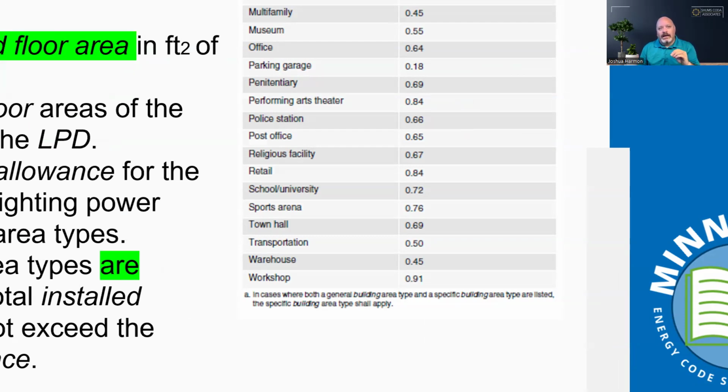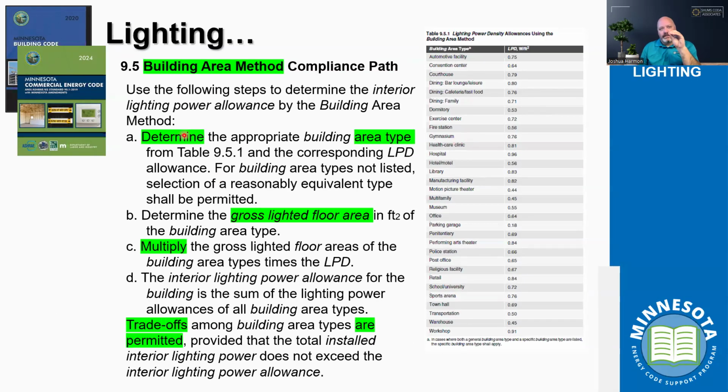That's because we recognize that the simplified building may incorporate things that aren't necessarily retail. And so we're going to determine the area, calculate the gross floor area, multiply the two, come up with that value, and then we can trade off between systems.